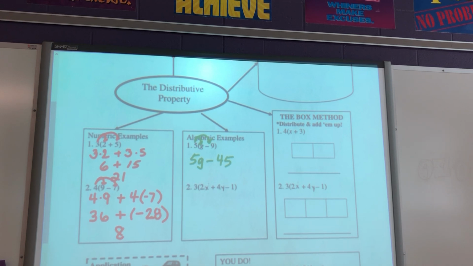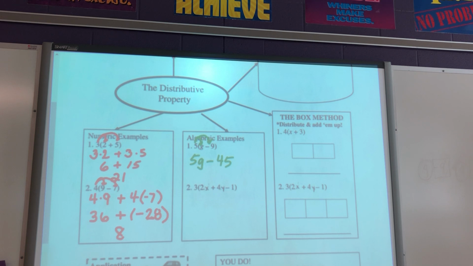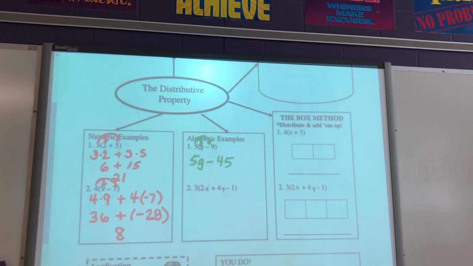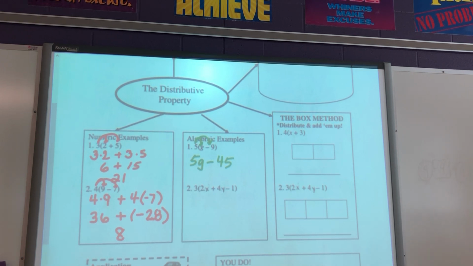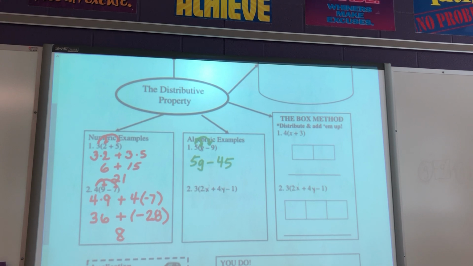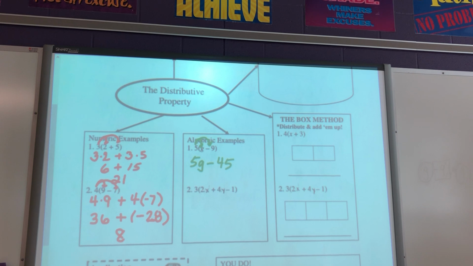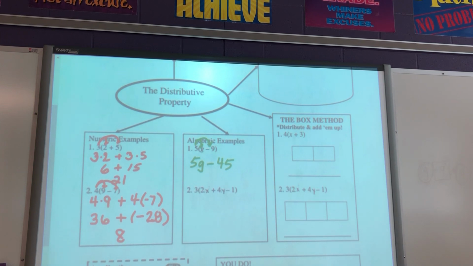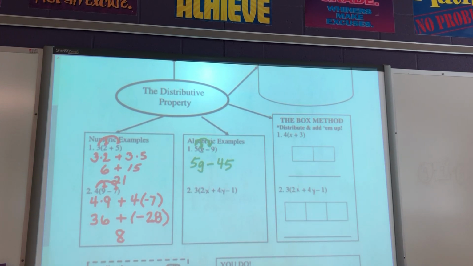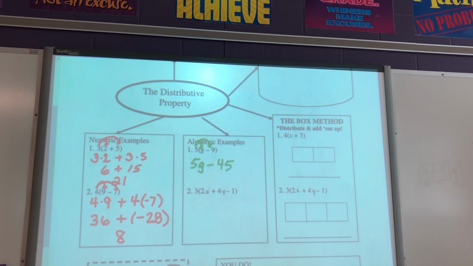Right, 9 plus 9 plus 9 plus 9 plus 9, right? 5 groups of 9. And when you were in elementary school, this is just repeated addition. So we took 5 and we added it together 9 times. Or we took 9, we added it together 5 times, right?